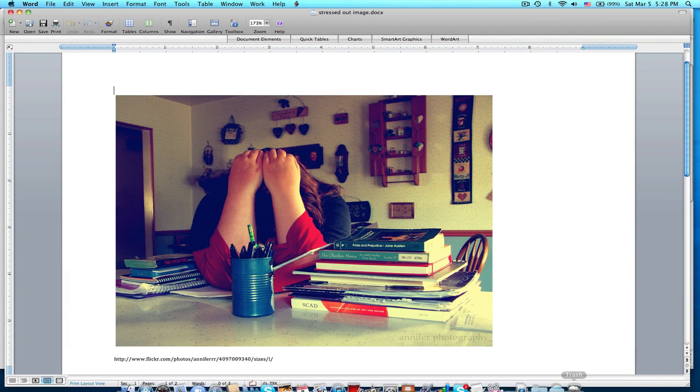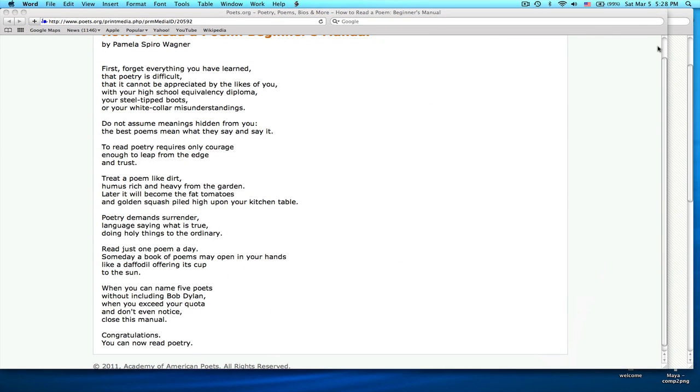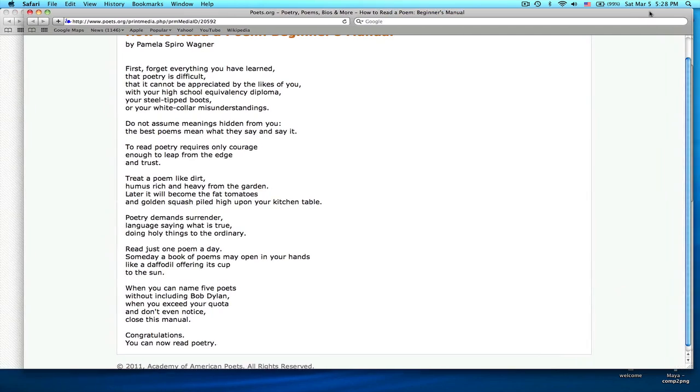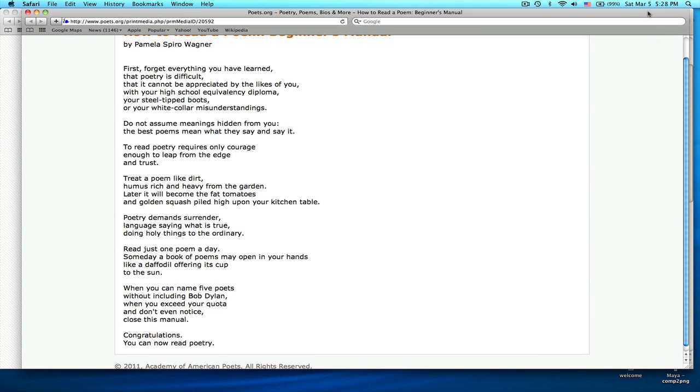Now, there are a number of places where Spiro Wagner uses enjambment. I'm just going to call your attention to one of them, and it's in the next stanza. "Treat a poem like dirt."